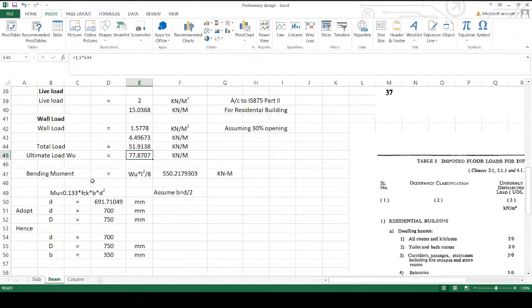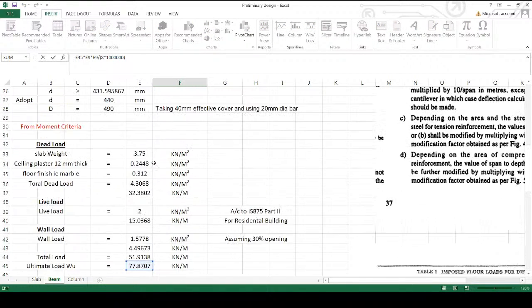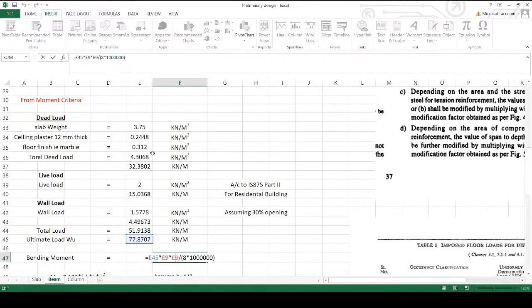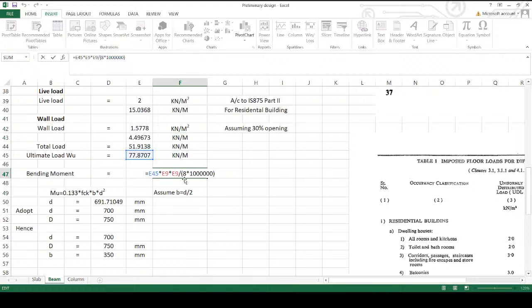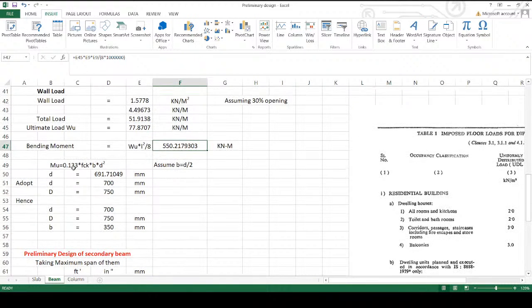The bending moment for the beam is equal to W, the design load in kilonewton per meter, uniformly distributed load, into L square by 8, and we have calculated Wu into L square by 8. We have got this moment.